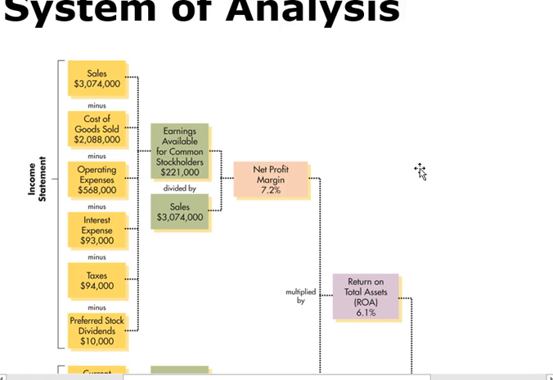Okay, so let's do the other half of the equation. If return on equity was lower, and the reason it was lower is because my return on assets was lower, then I'd have to look to this side of the equation. One thing that can make your return on assets lower is a lower profit margin.